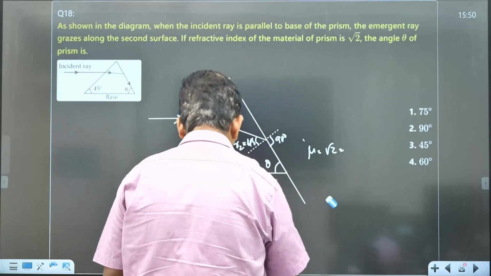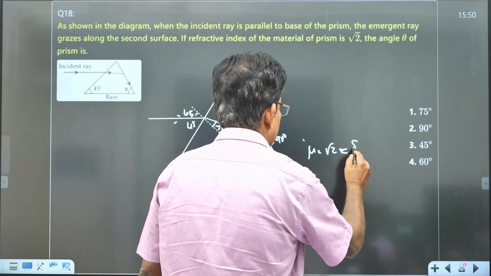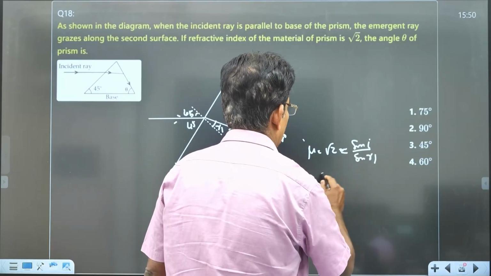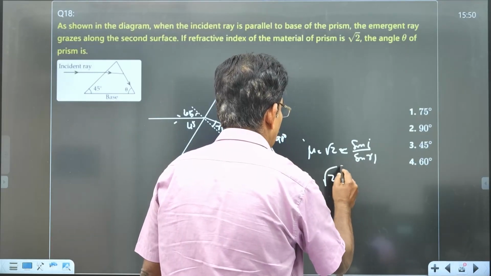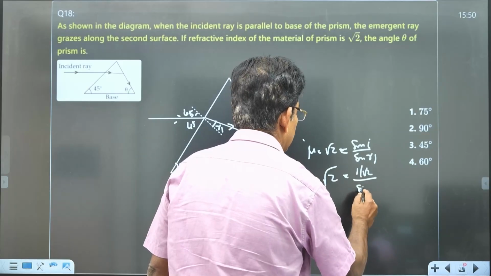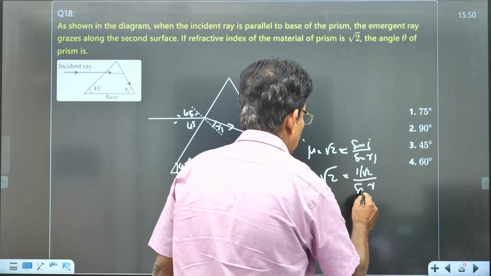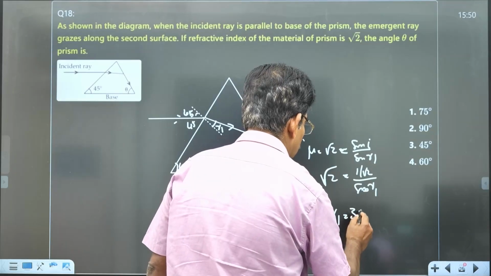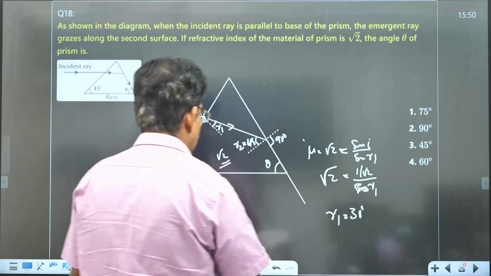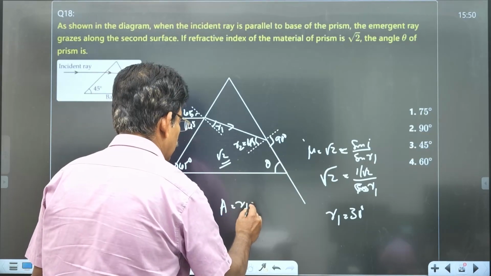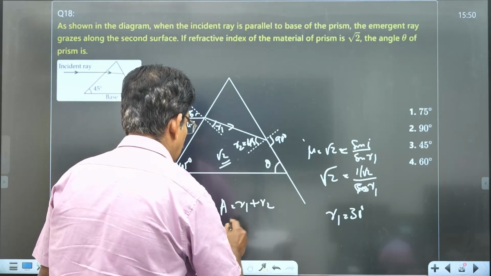Mu is equal to root 2 is equal to sine i divided by sine R1. Sine i is sine 45, that is 1 by root 2. Then this is sine R1, and working it out, we get R1 is equal to 30 degrees. Now, for the third or fourth time we are using angle of prism is equal to R1 plus R2.